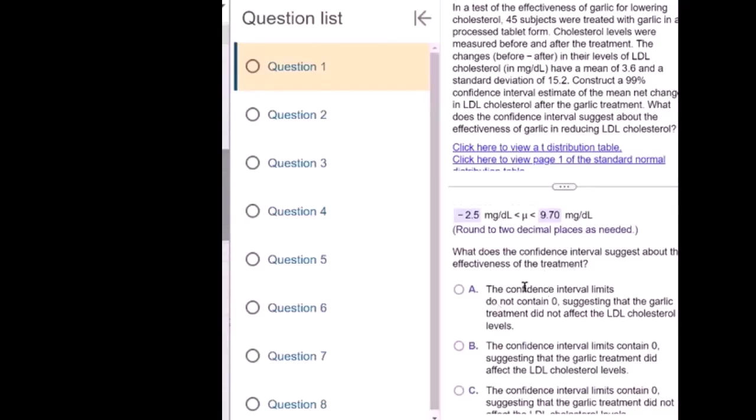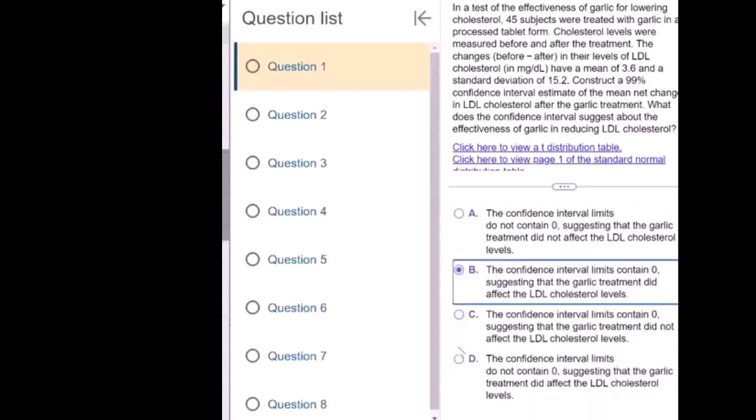The confidence interval limits do not contain 0. Well, between a negative and a positive, that mu's got to get to 0. That's not true. The confidence interval limits contain 0, good, suggesting that the garlic treatment did affect the LDL cholesterol levels.